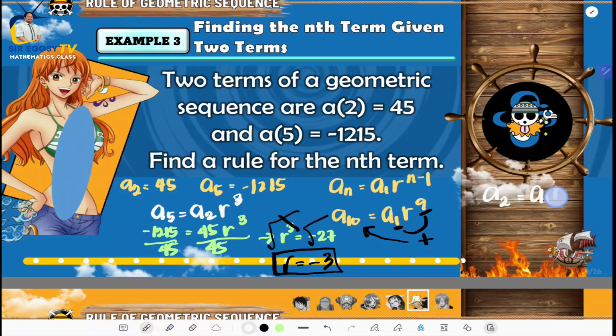Since we have a sub 2, which is equal to a sub 1 r raised to n minus 1, and a sub 2 is 45, and a sub 1 here, and the common ratio of negative 3. So by dividing both sides by negative 3, therefore a sub 1 is equal to 45 divided by 3, which is equal to 15.